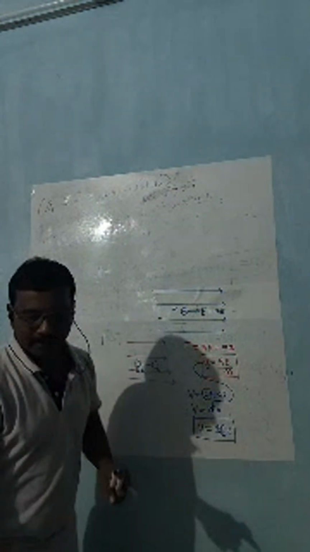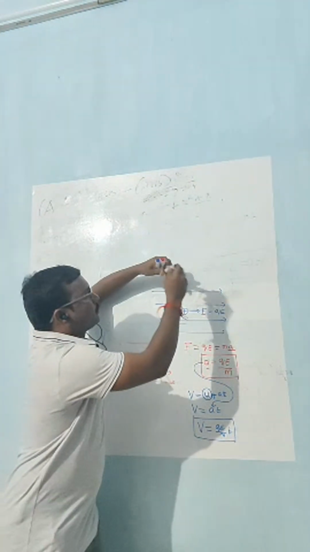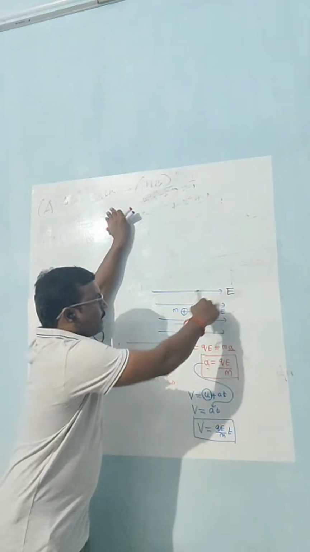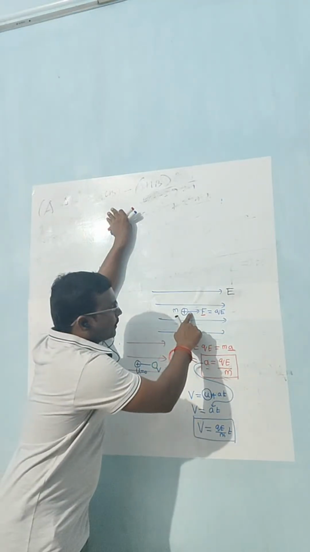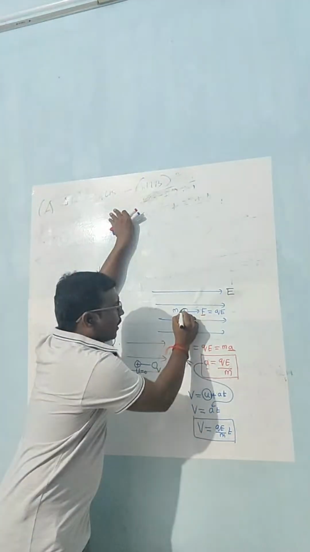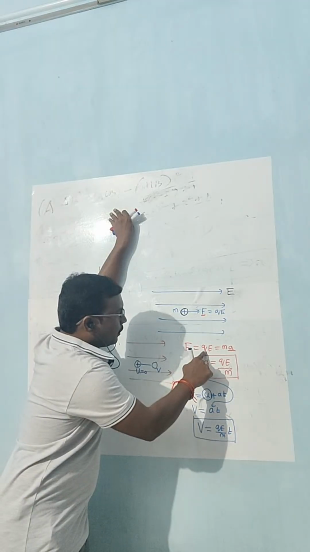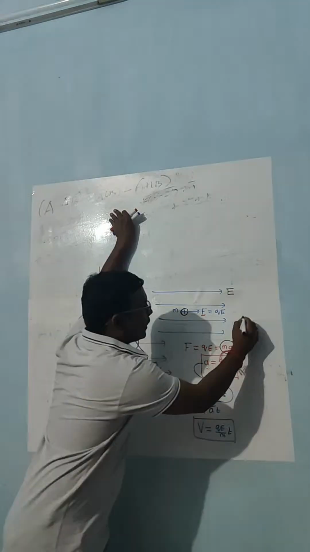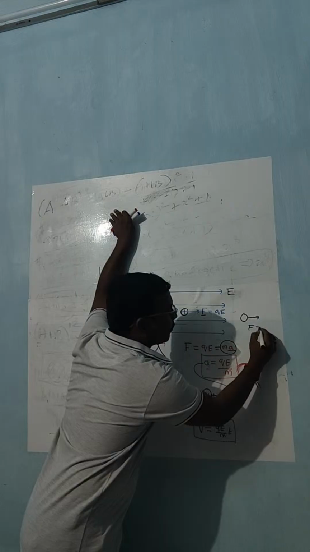So let us see once again. I will repeat this. These are the electric field lines. The positive charge is placed inside the electric field. It experiences a force F equals QE. This positive charge has a mass, and we also have to follow Newton's law: any body moving has a force F equals MA.